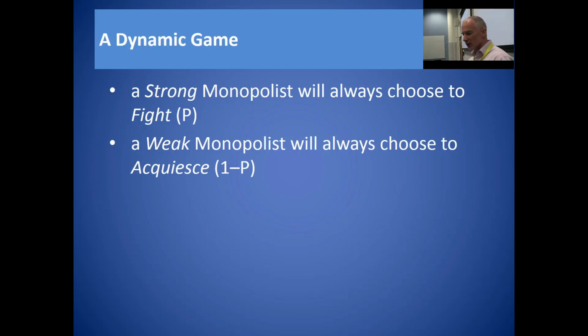The flip side is that the monopolist will be weak with a probability of 1 minus P. And if the monopolist is weak, how would it respond to market entry? By acquiescing. So the monopolist will choose to acquiesce if market entry occurs with a probability of 1 minus P, because that's what it will always do if it is weak.